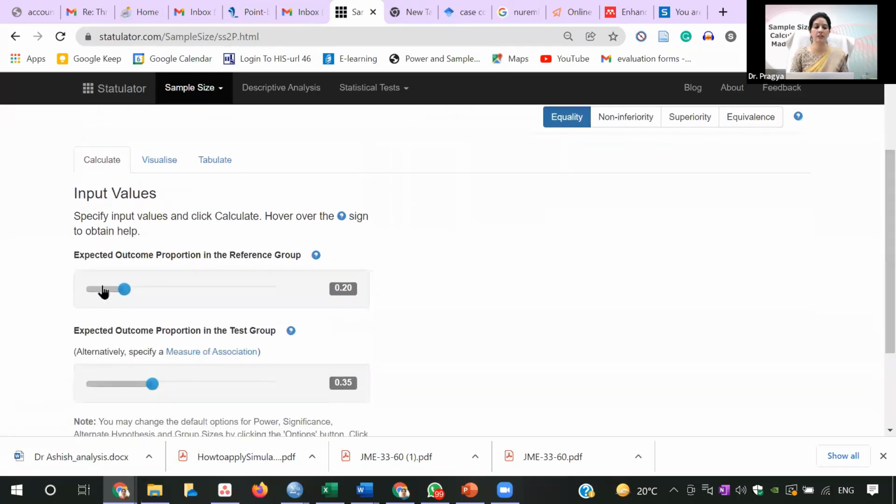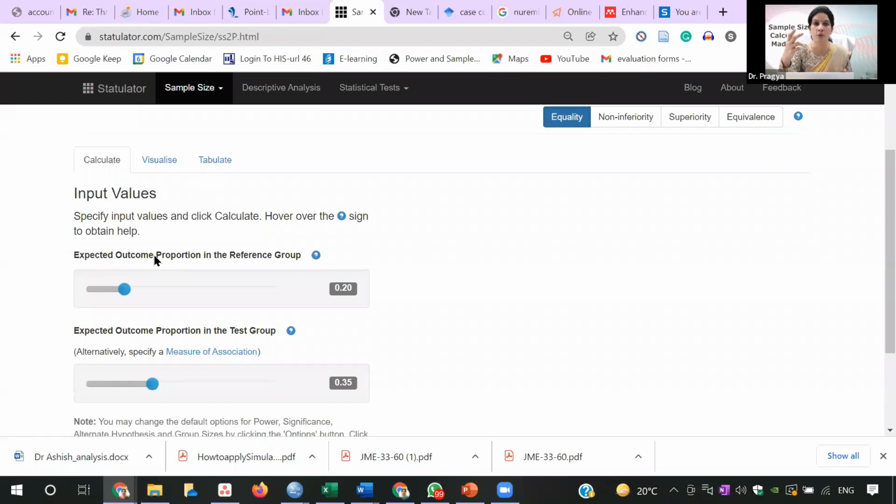So this is the expected outcome proportion in the reference group. Now don't get confused by the word outcome here. Statulator is a statistical calculator, so it will take that outcome.